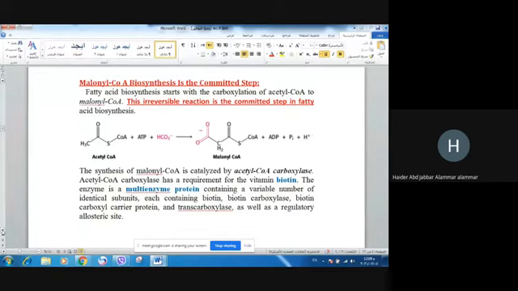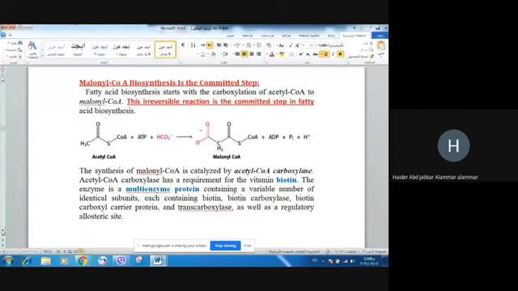Of course, this reaction, acetyl coenzyme A plus ATP plus bicarbonate, is a two-step reaction, not a one-step reaction. That's for you. You should know this reaction is a two-step reaction to form malonyl coenzyme A.